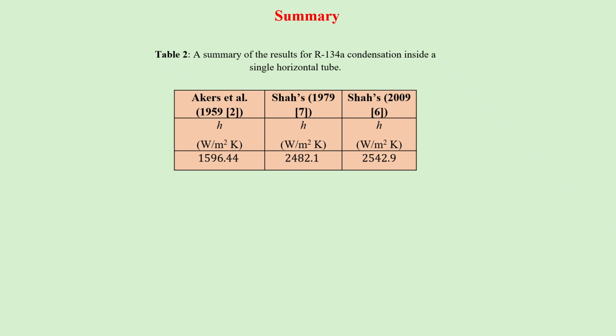Summary of this practical case. Here in this table, I included the results when we are using Shah 1979 as reference number 7 and Shah 2009 as reference number 6, as they are listed in the link below this video in the description box.